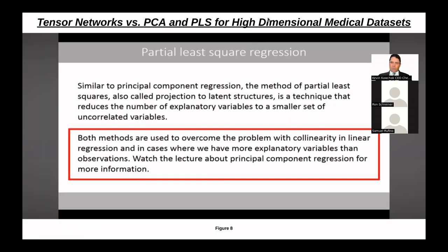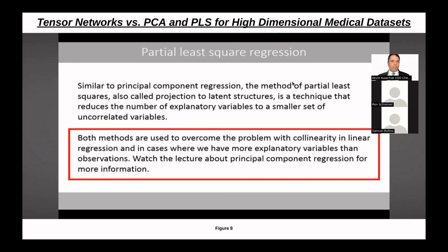So here's partial least squares. So this is the other one. Those that don't know how to use partial least squares try to use PCA, principal component analysis, and they say both methods are used to overcome the problem with collinearity in linear regression and in cases where we have more explanatory variables than observations.